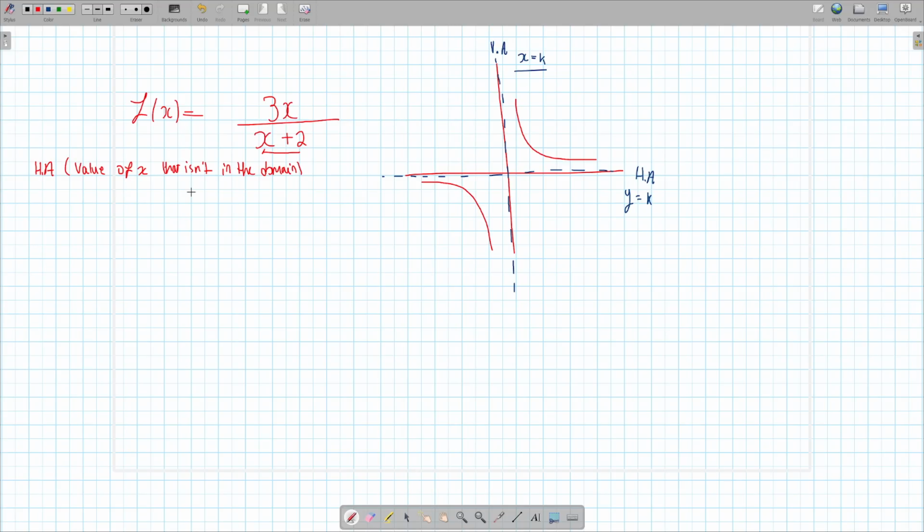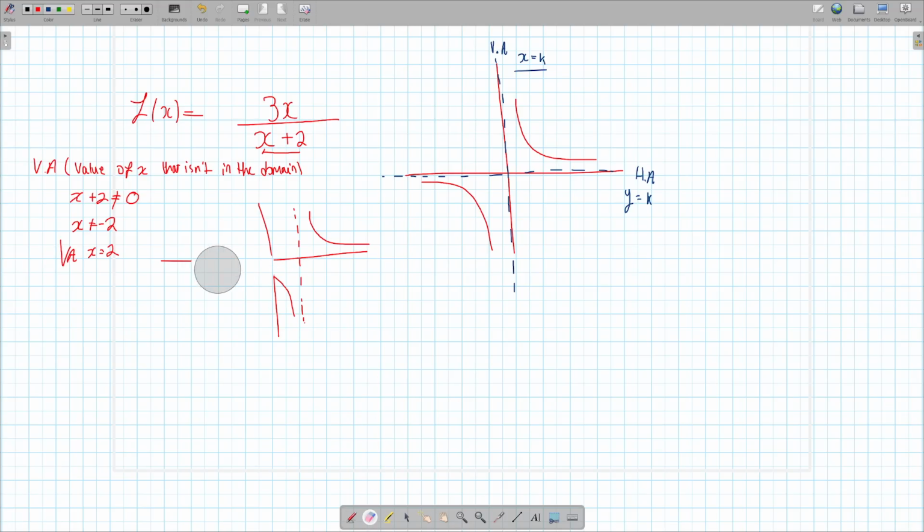You know that your denominator cannot equal 0. Right? So that means x cannot be equal to minus 2. So your vertical asymptote, why did I write horizontal? Vertical. So your vertical asymptote is x equals minus 2. So if I were to graph this, at x equals minus 2, I would have an asymptote like this.